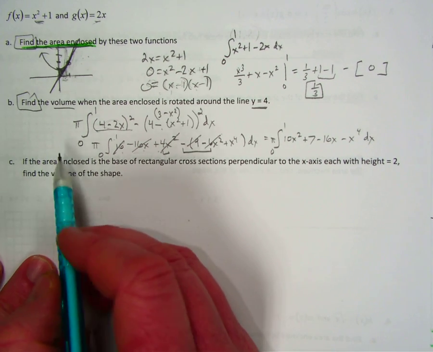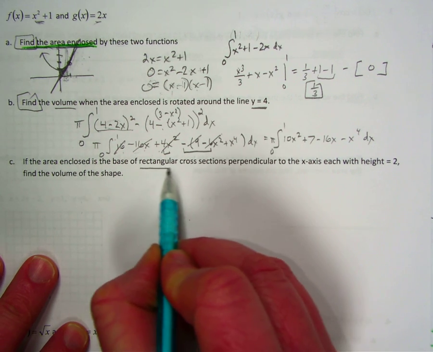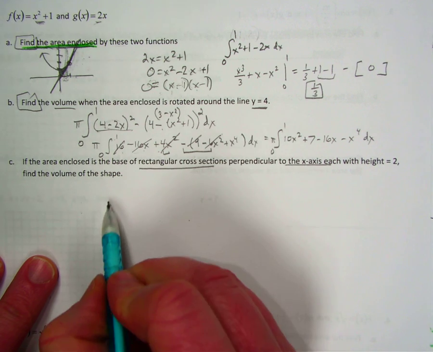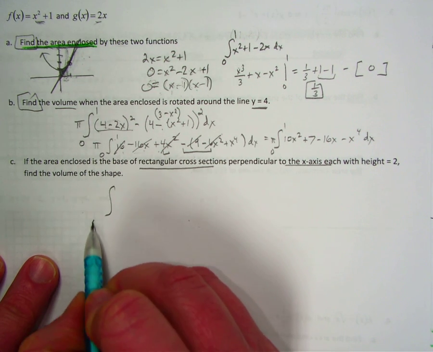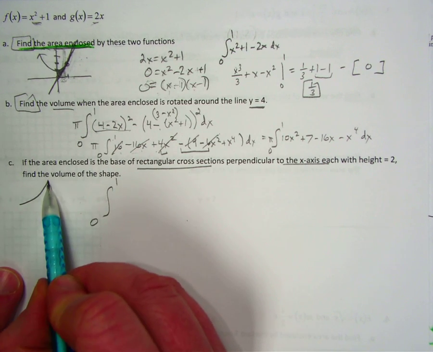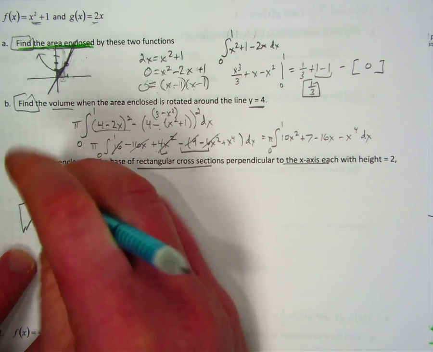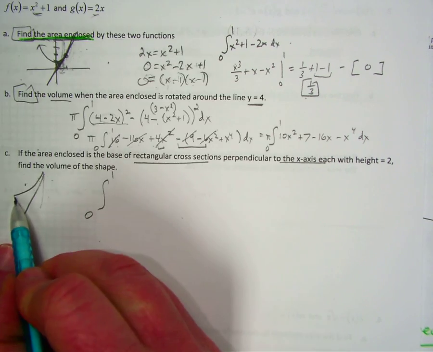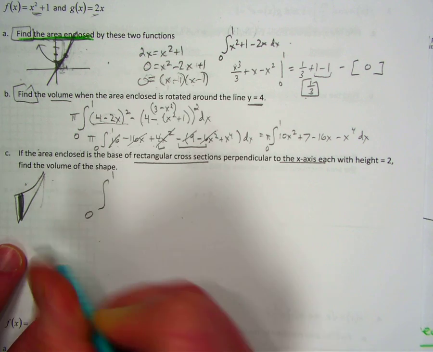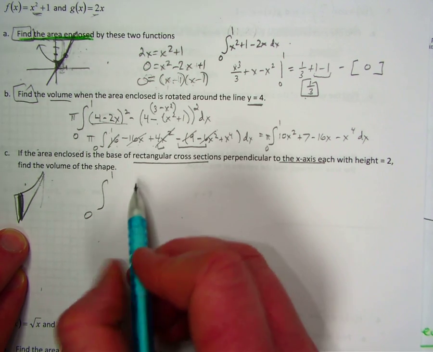The last one, again, progressing with our same thing, the base of rectangular cross sections perpendicular to x-axis. So as long as it's perpendicular to x-axis, everything stays the same. 0 to 1. Only on our little enclosure there, this is kind of what the enclosure looks like. We have rectangles coming off of this page where the base of the rectangle is our distance across, which we already found.